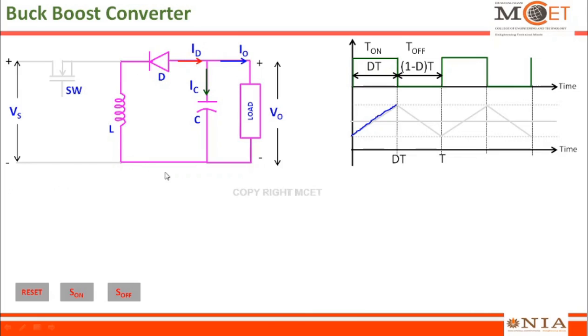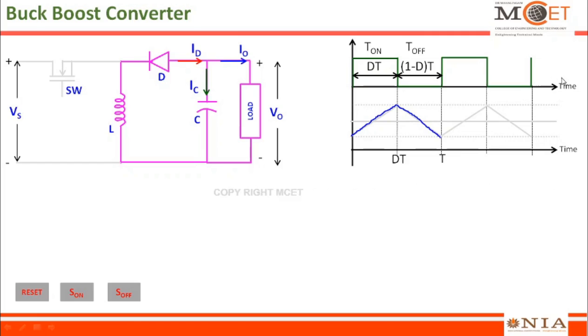Actually, the inductor current will be circulating only in the counterclockwise direction. Since during this mode of operation the inductance is discharging, the energy stored in the inductor is discharged to the load, the current will be slowly decaying as indicated here, decreasing from maximum value to minimum value.